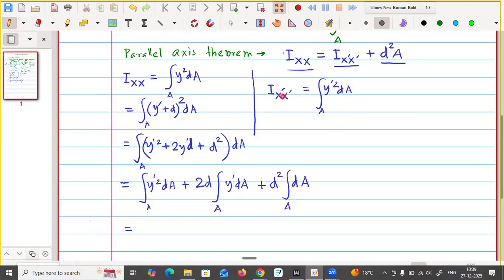So I can write x prime, x prime. One thing we have to understand is why I am writing x prime or xx twice, because just keep in mind that this is one tensor of second order. Okay, that is why I am writing two indices, x or x prime.